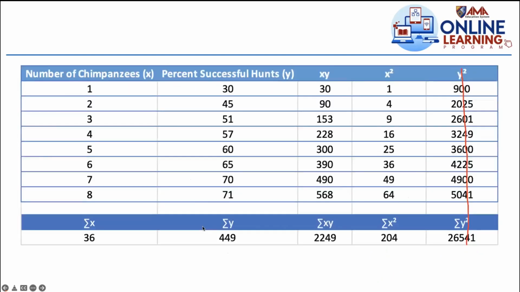So let's have an example. This is the second example. The number of chimpanzees is our independent variable. Percent successful hands is our dependent variable. So our goal here, class, is to come up with a model in the form of y equals mx plus b, so that the x can predict the y. That's what we want to do, to predict the y based on the values of x.